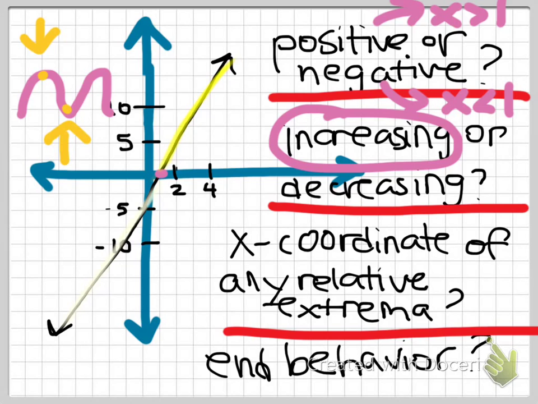So when they are asking the relative minimum and the relative maximum of the graph, you would look for where it goes up and then back down. Or if it just goes up, then you just have a relative maximum. If it just goes down, you just have a relative minimum. So sometimes you don't have to have all of the behavior in the same graph. It could be just some of the behavior, like positive or negative, increasing or decreasing. But in this case, there is no relative extrema.